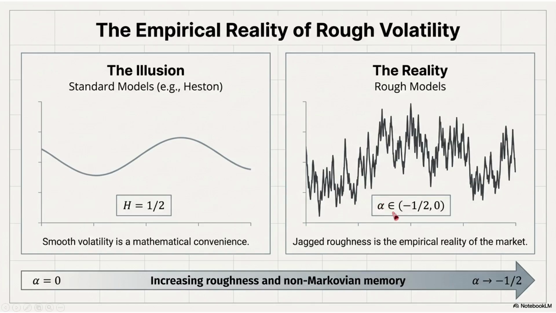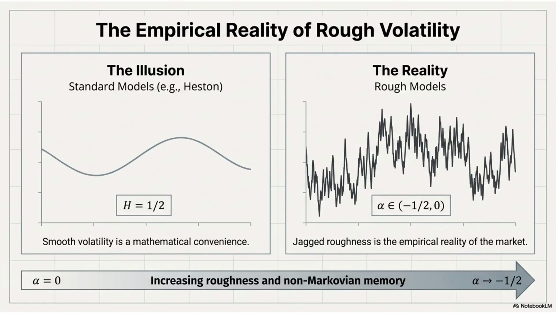As it moves away from zero and gets closer to minus 0.5, the path becomes increasingly rough and non-Markovian, which is the true empirical reality of the market. Because it's so jagged, the standard simulation methods fundamentally cannot handle it.